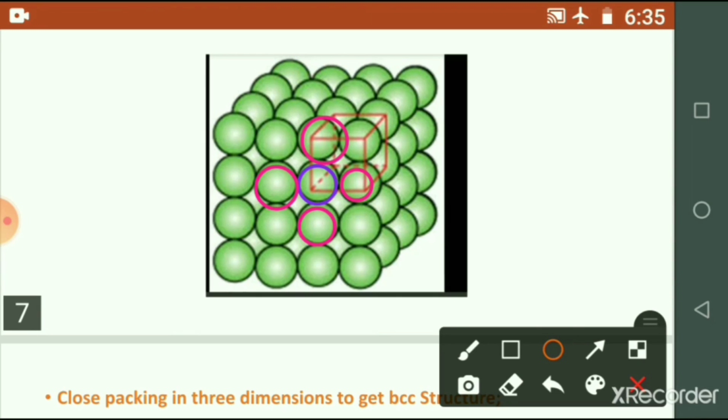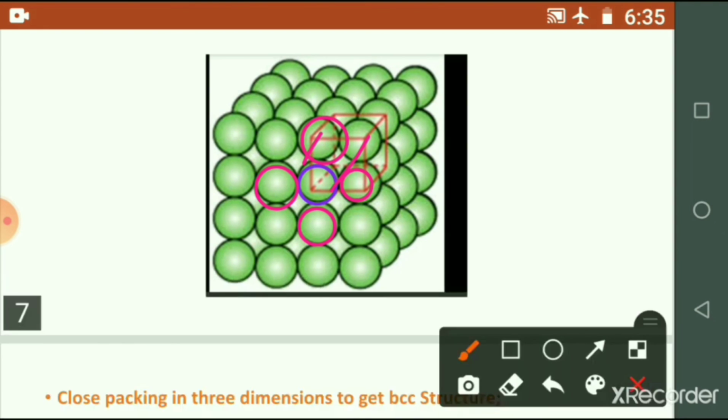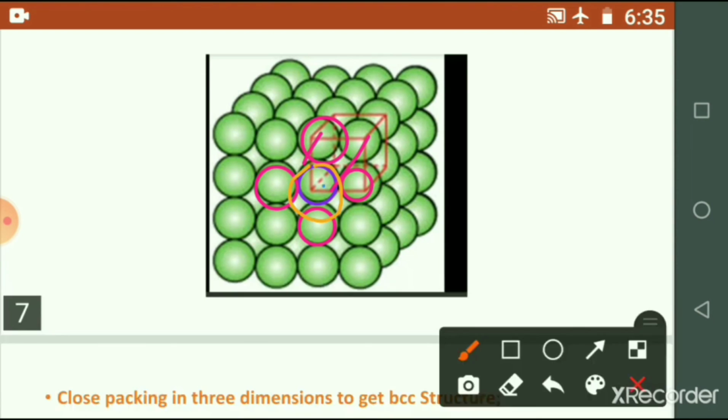Next, in front of this another layer comes, if we extend it, another layer comes. So it is touched by one more atom, which is in yellow color. In the same way, if we go to the layer behind it, one more atom that it touches.